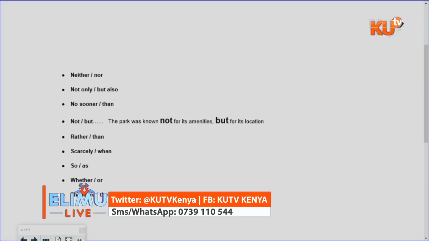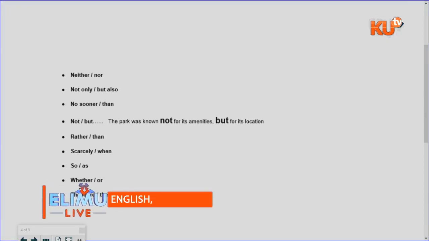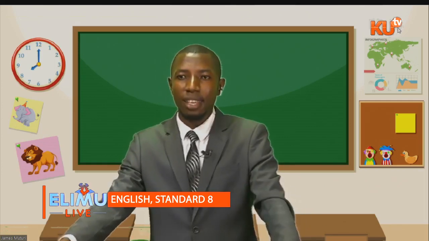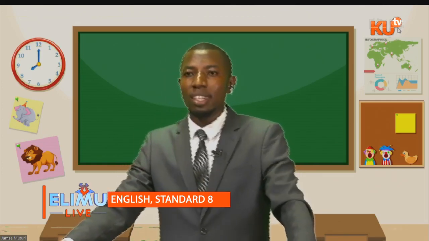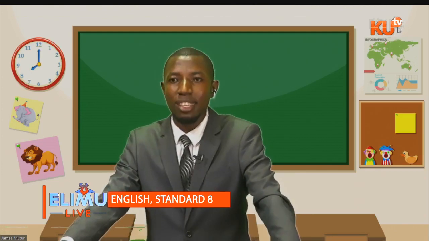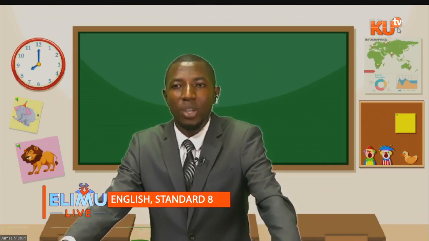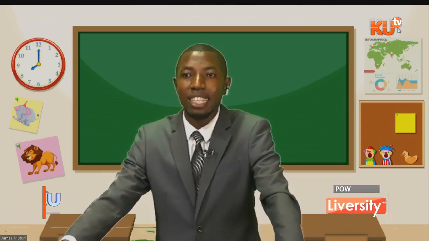Somebody is asking me, can you repeat the types of conjunctions? I said there are 3 types of conjunctions, that is the ones that I have handled: the correlative conjunctions, the subordinative conjunctions, and also the coordinating conjunctions.